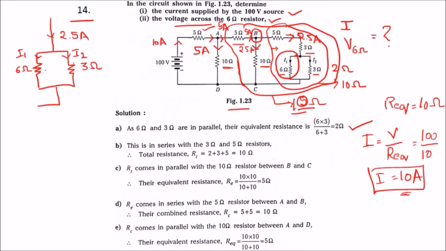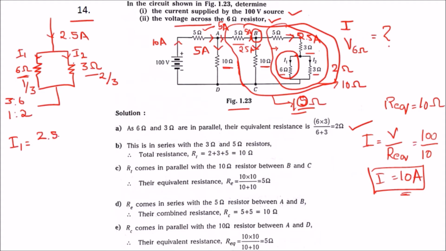According to this ratio, it is 3 ohms to 6 ohms, that is nothing but 1:2. So the current here will be 1/3 and here it will be 2/3. Using this ratio we can calculate. So let us calculate the current I1 here, that is current 2.5 into the ratio.